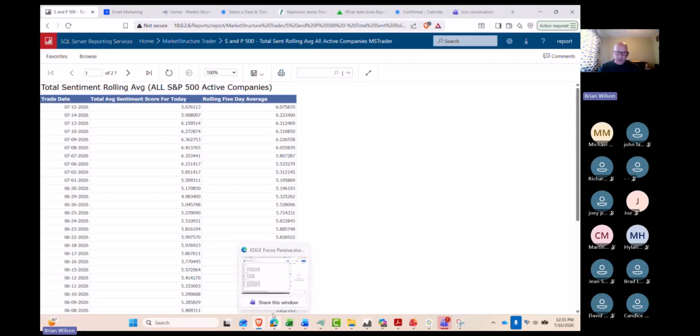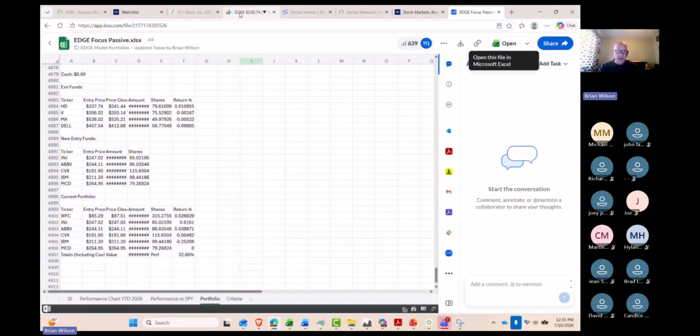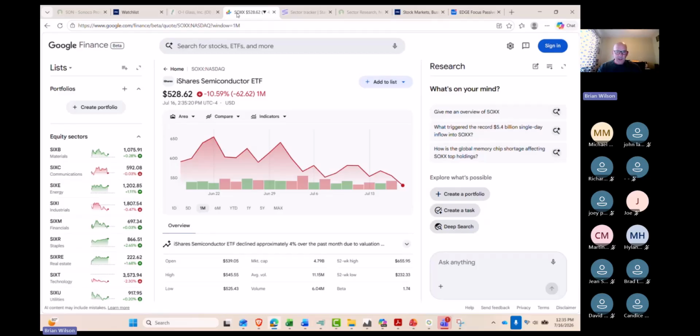I mentioned an example this morning of the SOX, and I wanted to show you what's happening there. It's just a good example to me of edge data and how sometimes it can keep you away from bad trades. Now, if we look at when this started to deteriorate, it was right about the end of June. Once again, that's a potential inflection point.